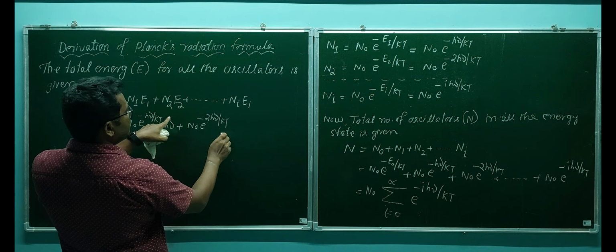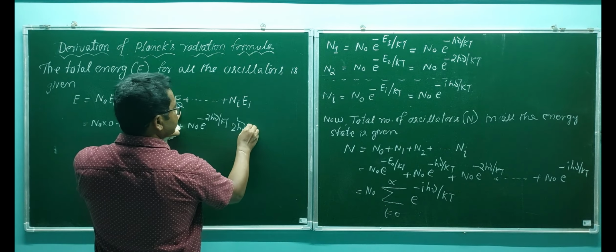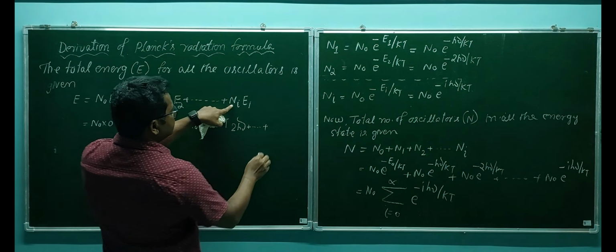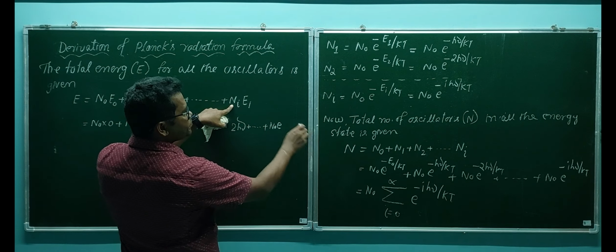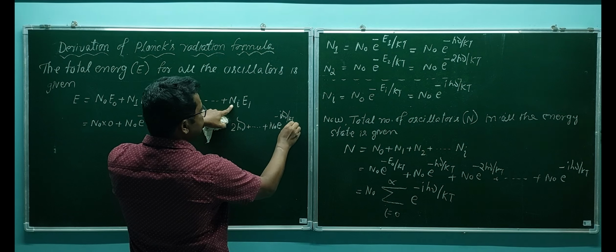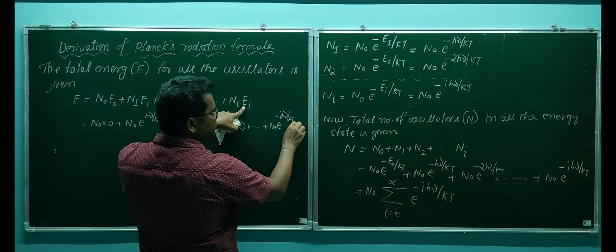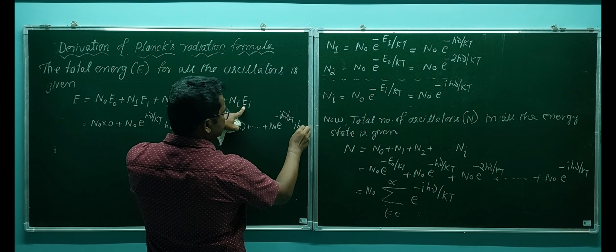What is the value of E2? It is twice h nu. Plus Ni, and Ei equals i h nu.